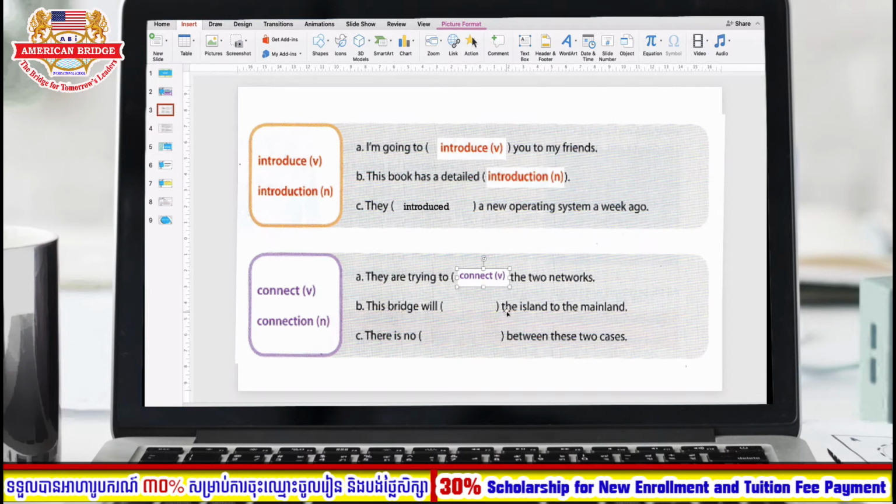For sure we need the verb again. The last one, there is no connection between these two cases. Again, when you see the word no, generally it's used in front of a noun. Okay, copy it right here.